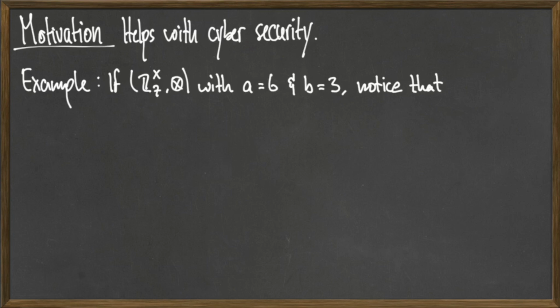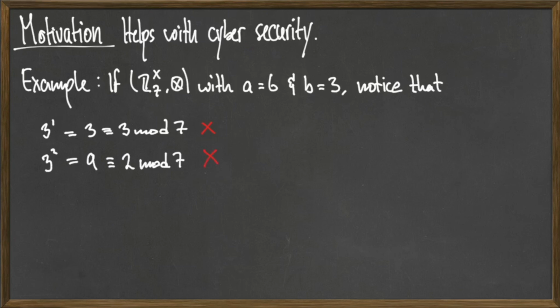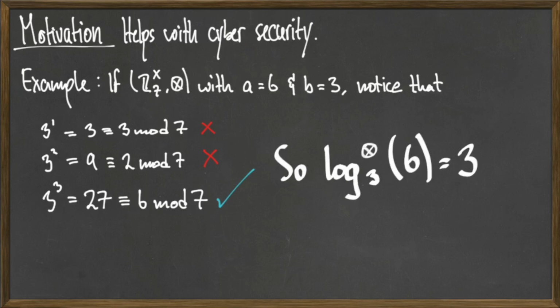Since there are only 6 elements in this group, we can simply compute the powers of 3 until we find one, if it exists, such that b to the n mod 7 is equal to a. In this case, the exponent little n that we're looking for is n equal to 3, since 3 cubed is equal to 27, which is equal to 6 mod 7.